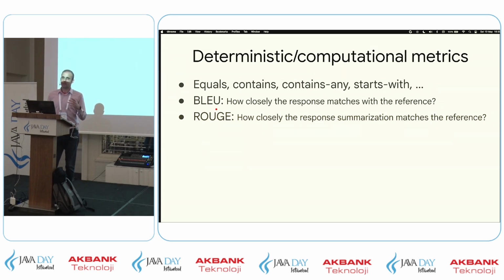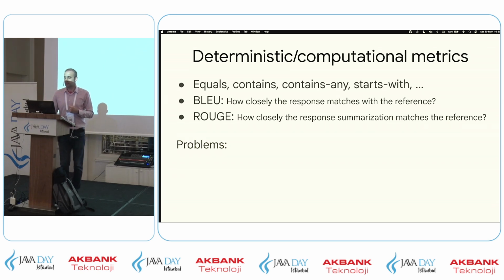This is more about summarization. Let's say you have a text and you want to summarize it, and you have a reference summary, a perfect summary that you're expecting. Then you can use ROUGE to calculate how the actual summary compares to the reference. There are others too, but I won't go through all of them.